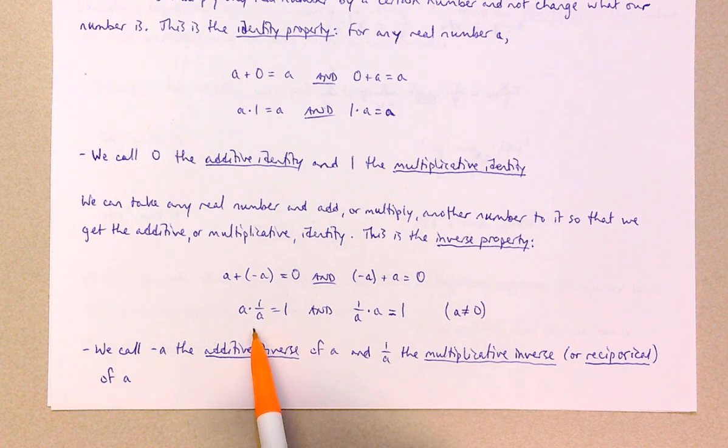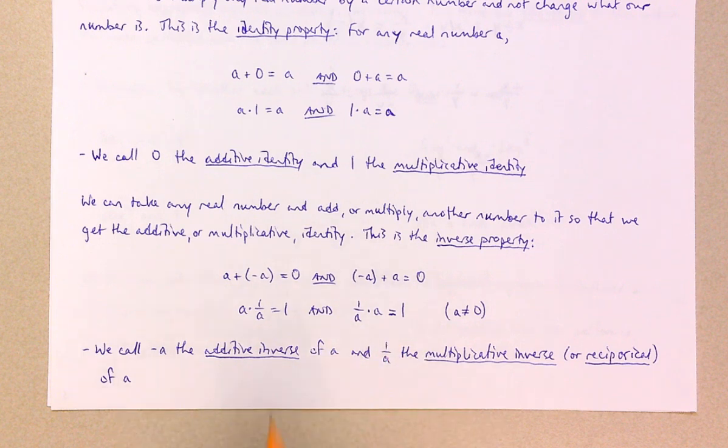And then if I take a real number a and I multiply it by 1 over a, then that's going to give me 1, which is my multiplicative identity. The only number we can't have is a being equal to 0. We can't have 1 over 0. We said anything divided by 0 is not good. But a times 1 over a, or 1 over a times a, is always going to give me 1.